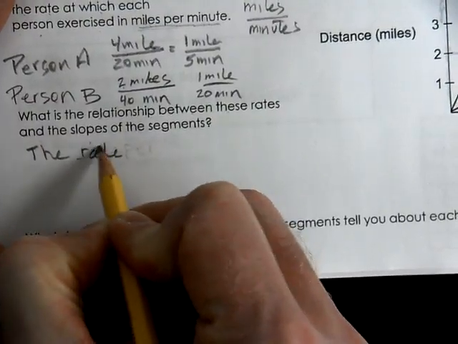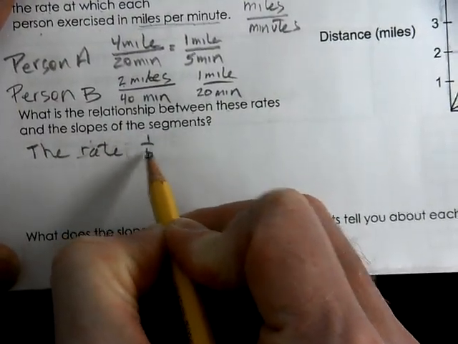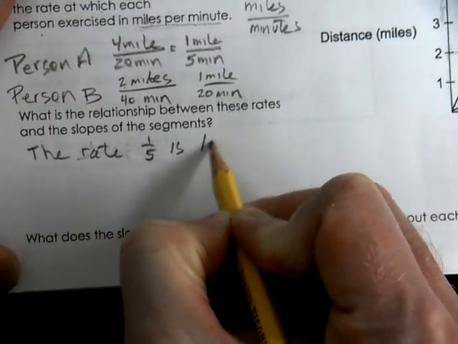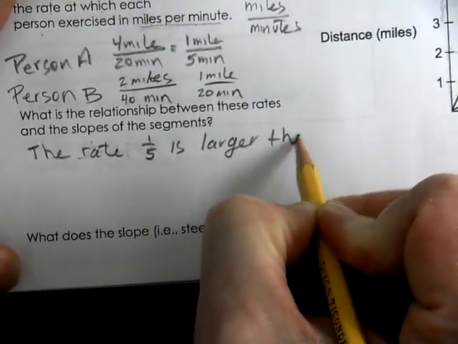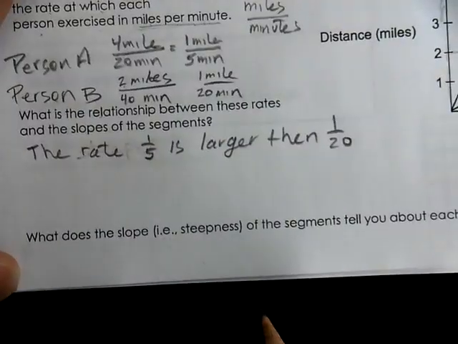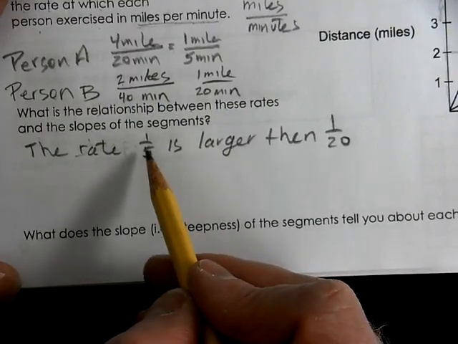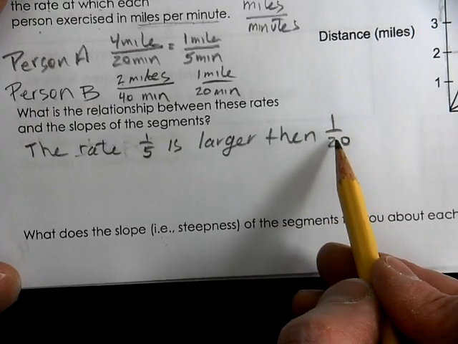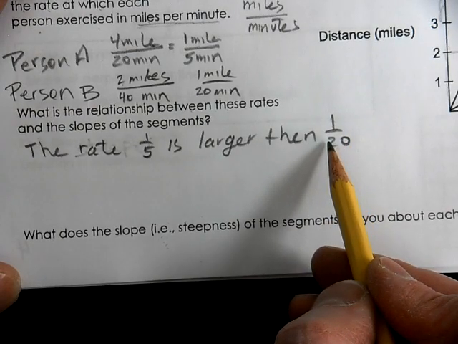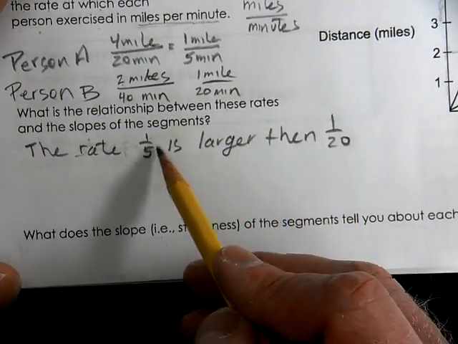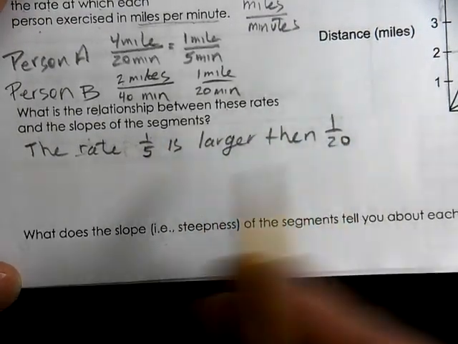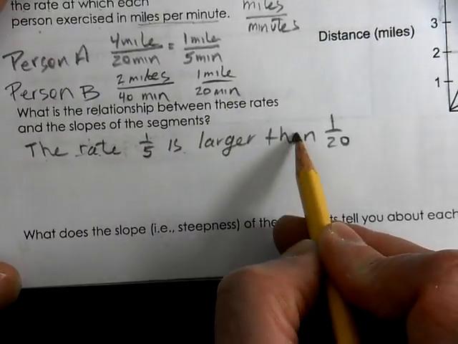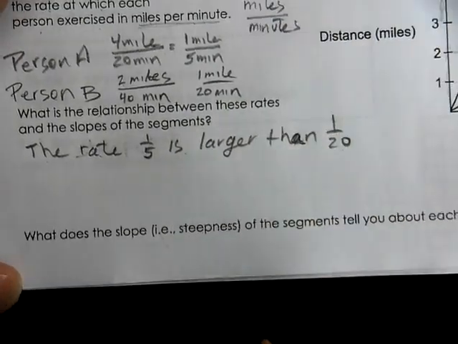The rate 1/5 is larger than 1/20. You can think about it like a quiz score. If you got 1 right out of 5, or 1 right out of 20, that would be 0.2, and this would be much lower. The rate 1/5 is larger than 1/20.